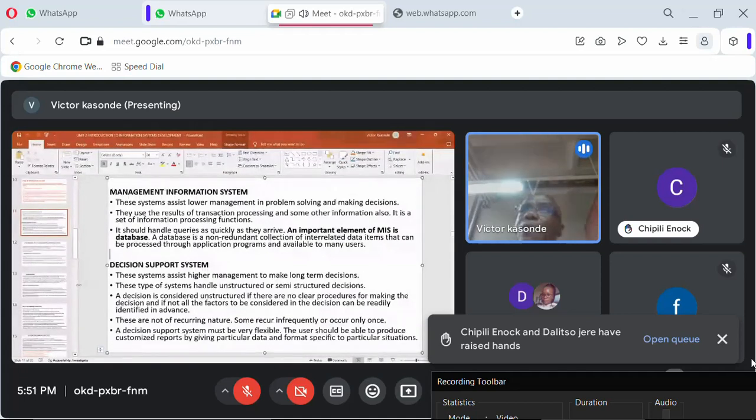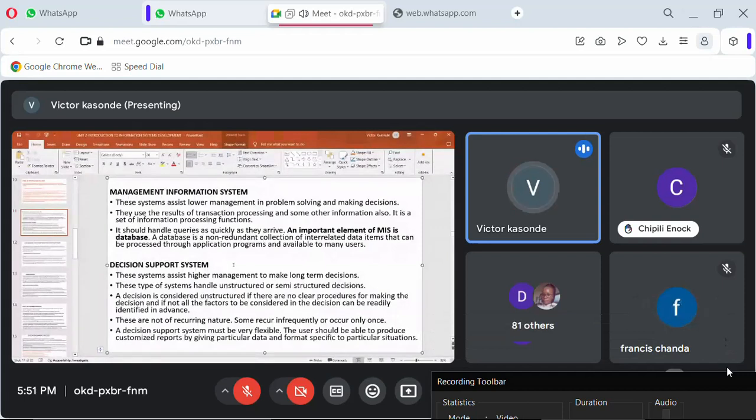Whatever information they are handling on the TPS is supposed to be kept on the database, somewhere where these people from the management information system can retrieve that information and use it to make short-term decisions.